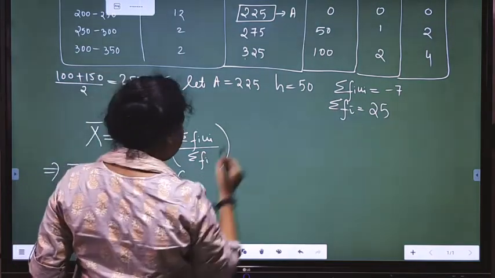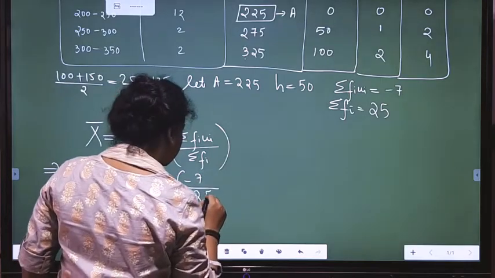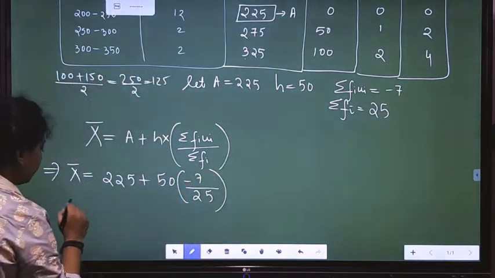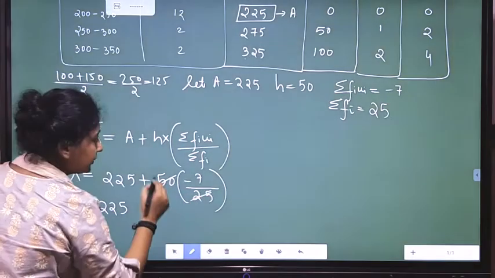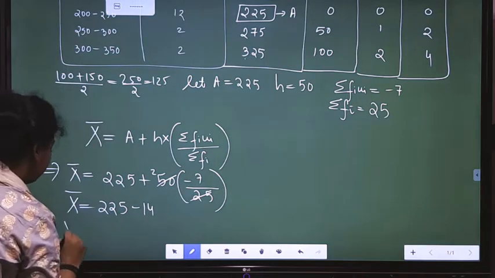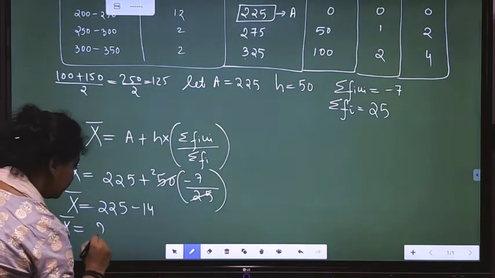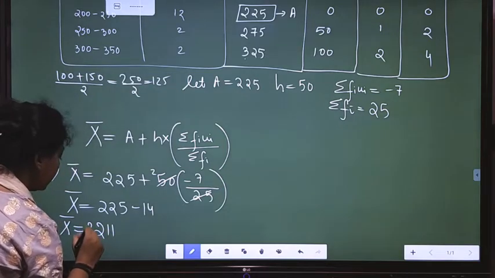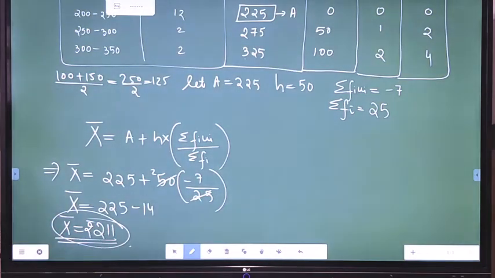What is summation fi ui? Minus 7. Summation fi is 25. So, this value becomes 225. We can cancel this. 2 into minus 7 gives us minus 14. Therefore, the mean comes out to be 211 rupees. Hence, the mean daily allowance of the households is rupees 211.